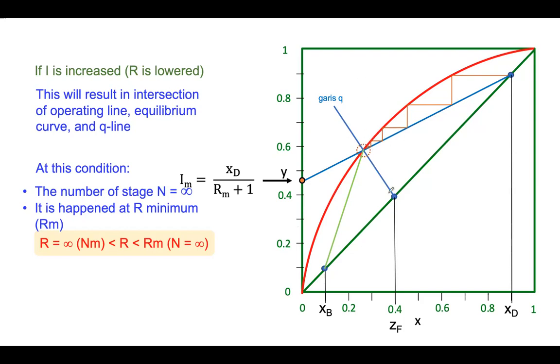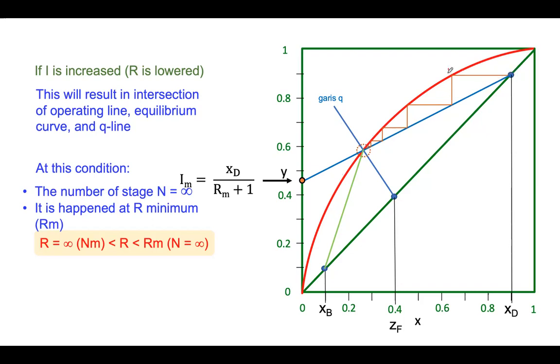If we have a Q line there, and this is the equilibrium curve, and we have a top operating line that also intersects with the Q line. Let's have a look.